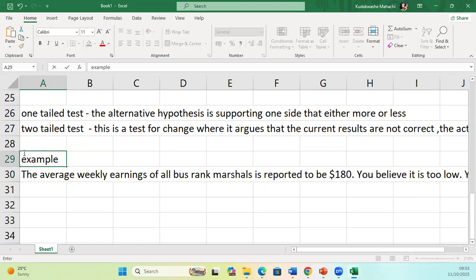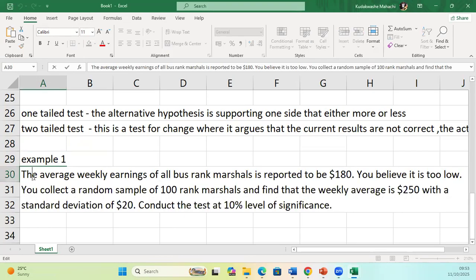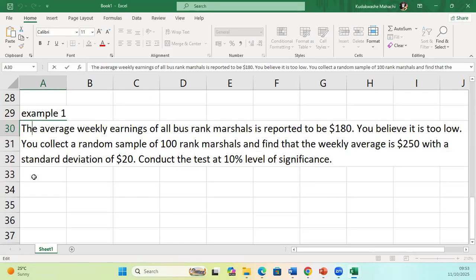Example 1. The average weekly earnings of all bus rank marshals is reported to be 180. So we are saying the average earning is 180. That's the mean. We are saying on average, all bus rank marshals earn 180. That is the present. So in other words, H naught is saying the average is 180.